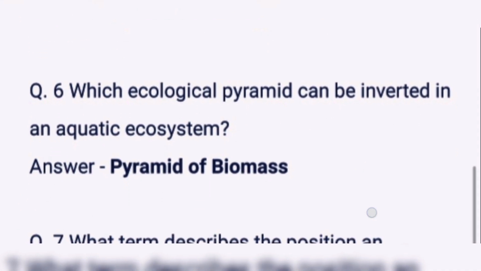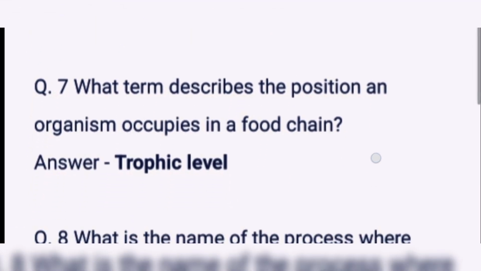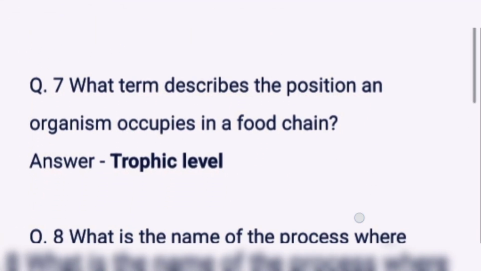Next question is which ecological pyramid can be inverted in an aquatic ecosystem? Answer is pyramid of biomass. What term describes the position an organism occupies in a food chain? Trophic level.